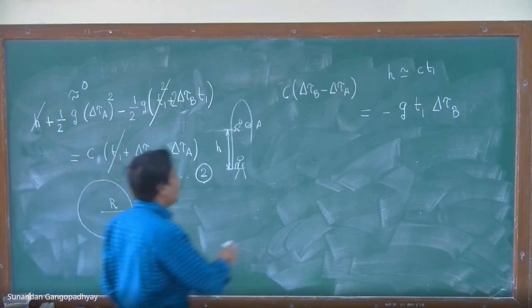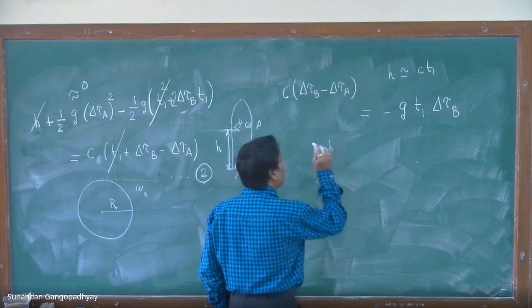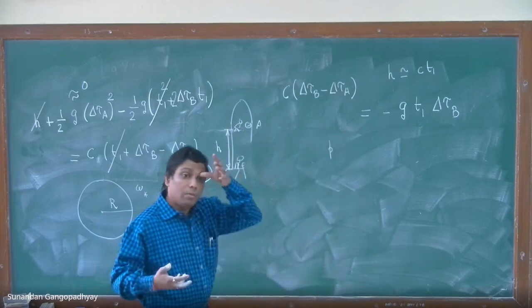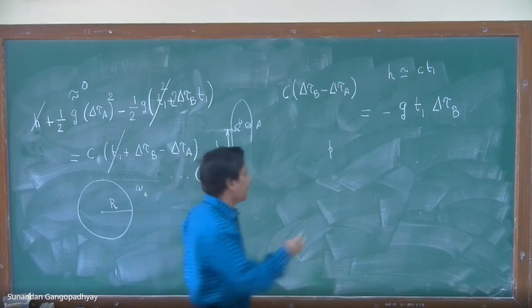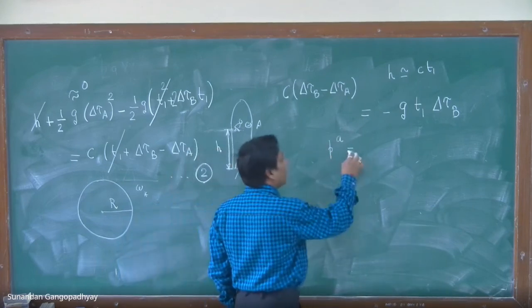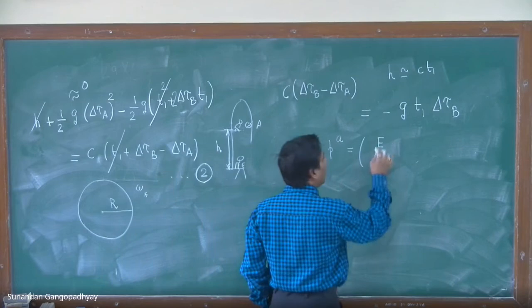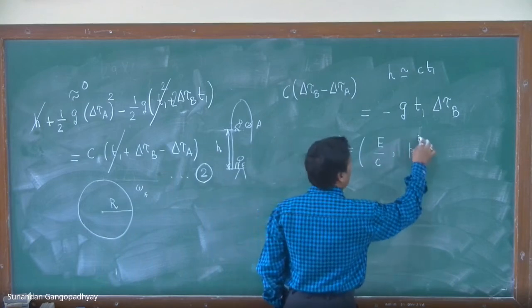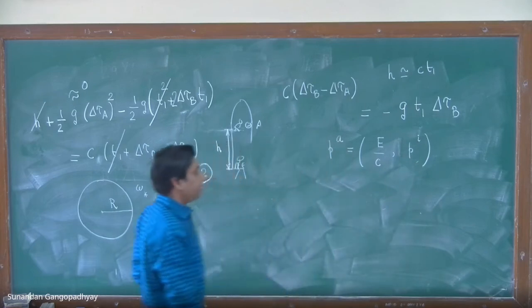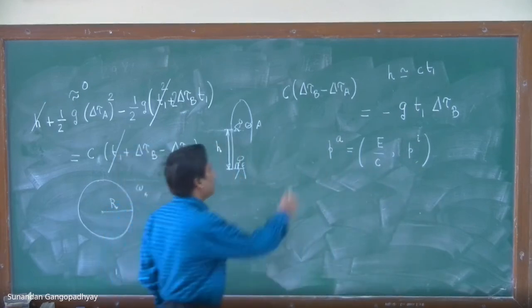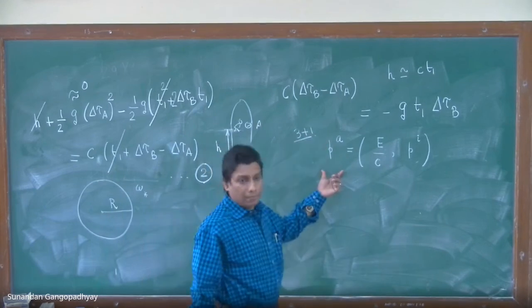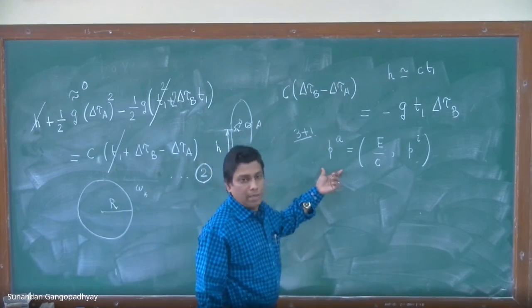In special theory of relativity, if you recall, how do you measure the energy of a particle? In 3+1 dimensions, this is the 4 momentum of the particle.